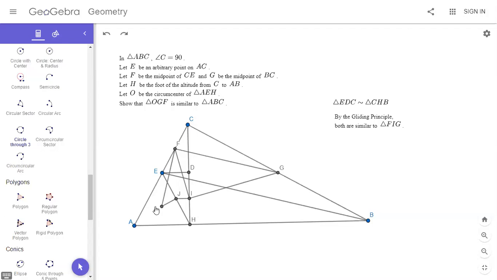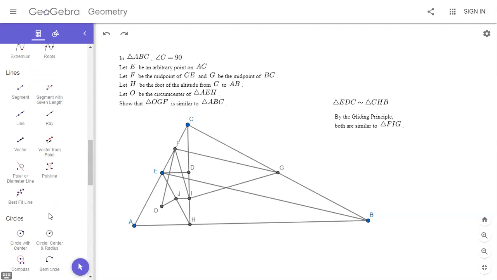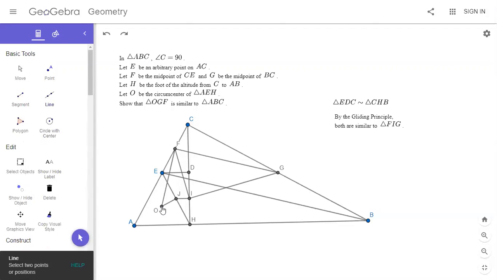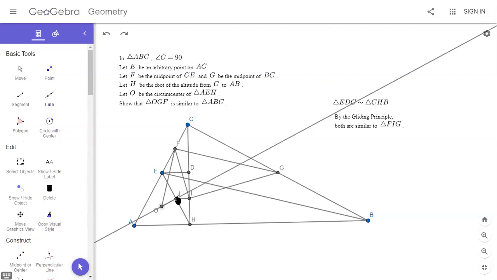Okay, so let me just try something. For ED, I don't think ED and G are collinear.